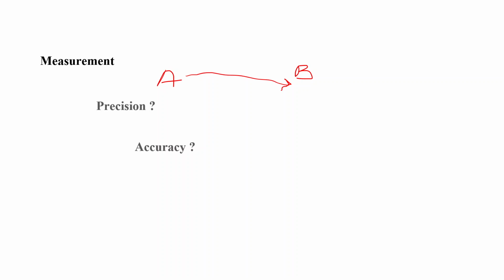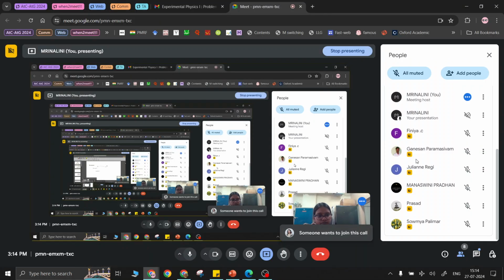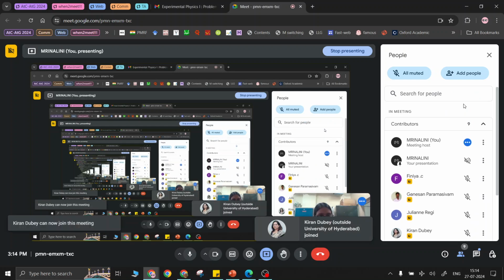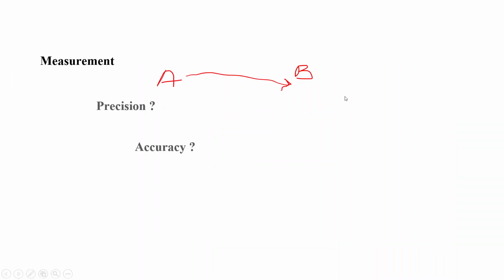Similarly, whenever we carry out any measurement in our experimental lab, we want to know how accurate the measurement that we have done is, and how precise those measurements are.